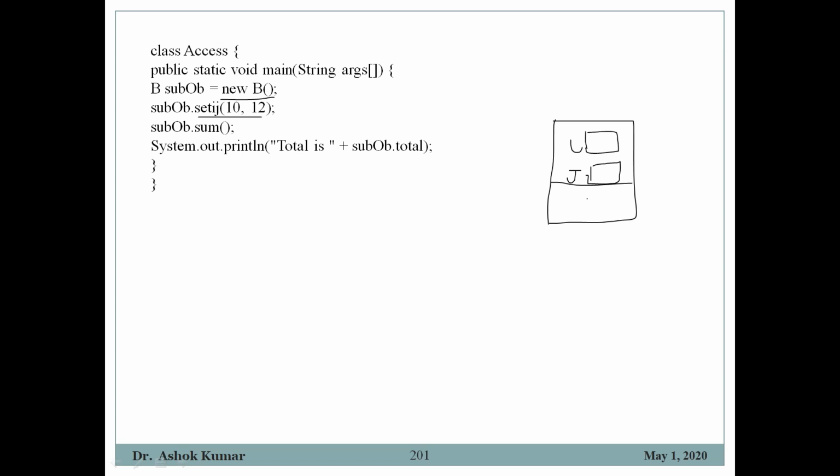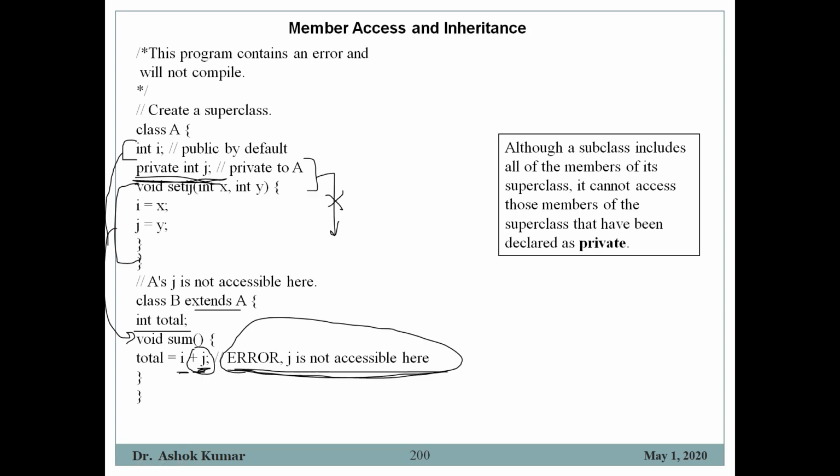This is the case only, and this is the member that the class B has added, and this member is total. So I'm going to write over here, this member name is total, right? And if you call set ij, because set ij is the default member, it gets inherited into the class B, and you can call it with the subclass object.